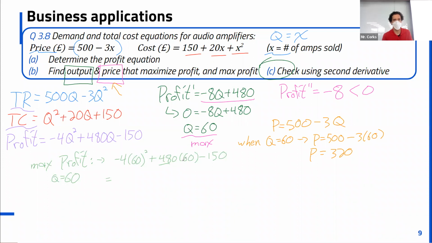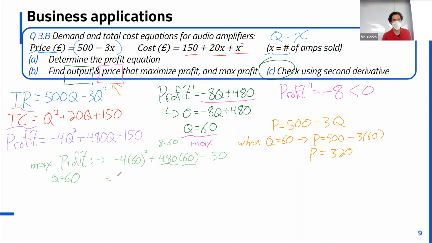We can notice this here, 480. Can we make that into something times 60? Yeah, so this is 8 times 60, and we have negative 4 here.